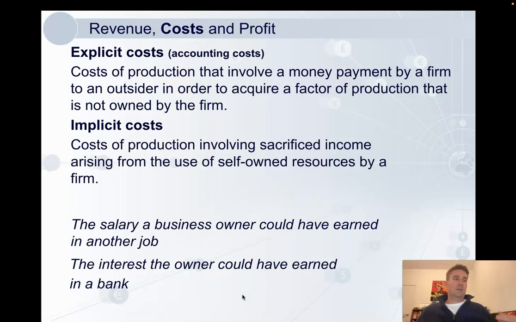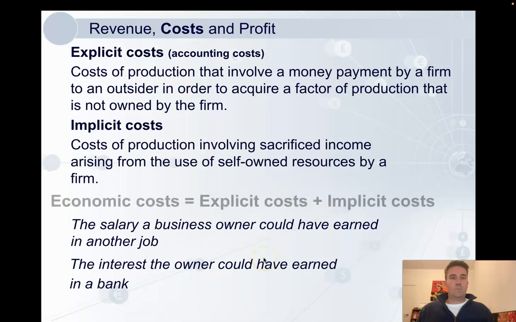So you could invest $1 million starting up a business, or you could sit that money in the bank. So that is a real cost. You are foregoing the opportunity to earn that interest in the bank, right? So what we say is economic costs equal explicit costs plus implicit costs.